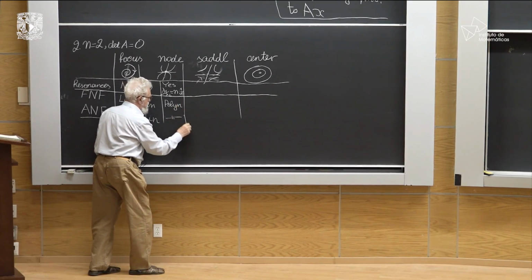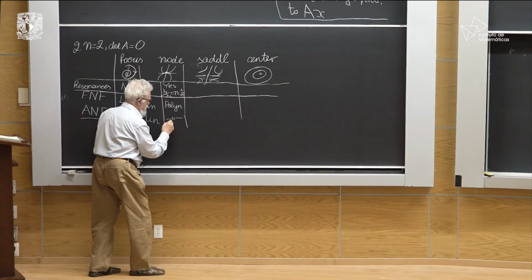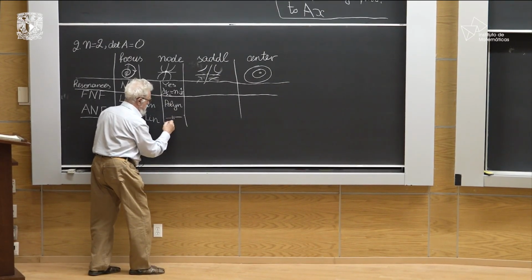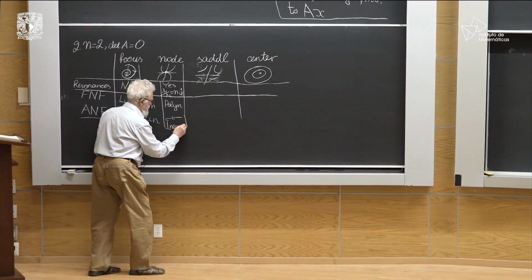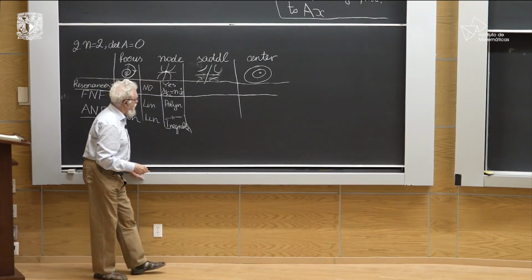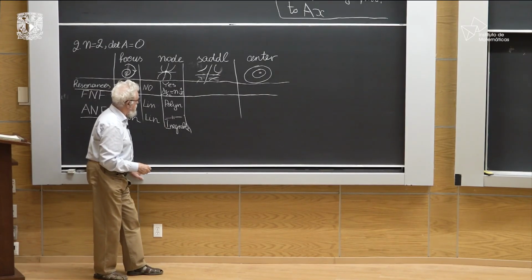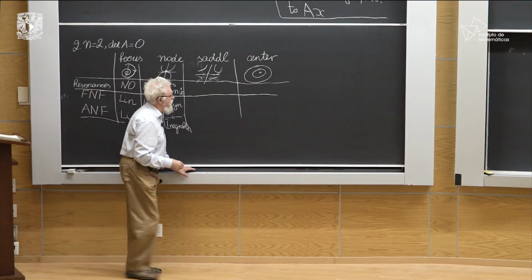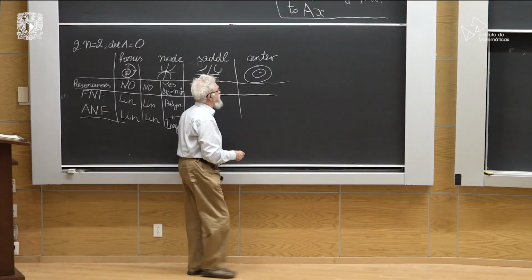The analytic normal form is the same polynomial, and this polynomial normal form is integrable. So everything is okay with the nodal singular points.